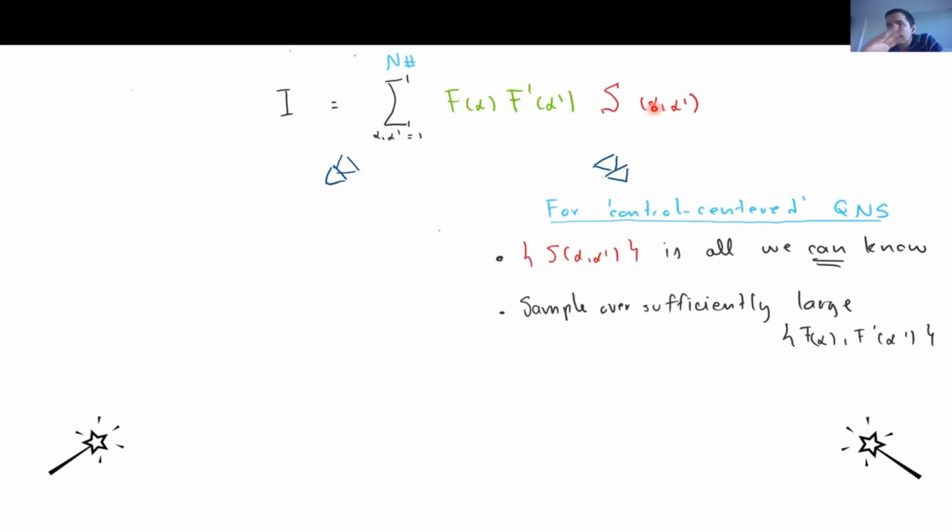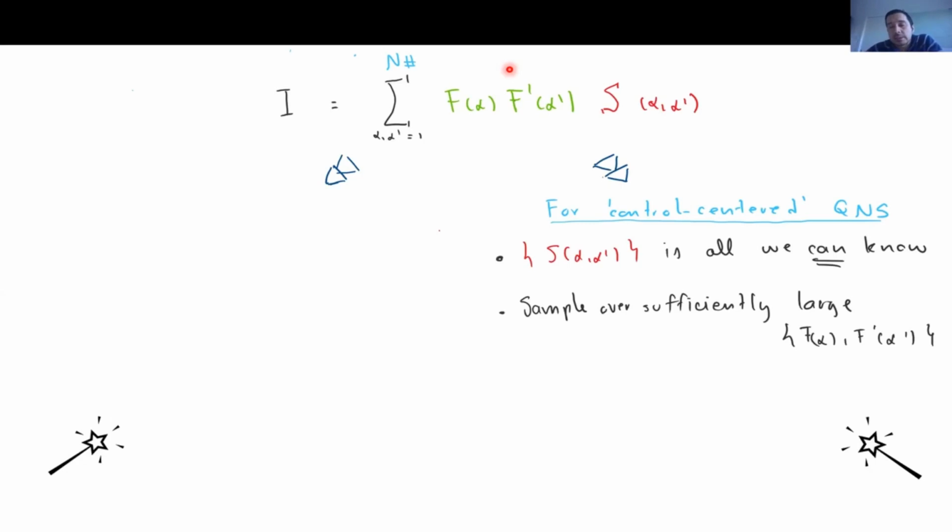Basically, this says that if your control capabilities are those, all that you can know is this finite set of S alpha alpha prime elements. And in principle, if you sample a sufficiently large set of filters, which, if you recall, is just a different set of control sequences generated from the same control that you start with, then you can in principle sample all of these.